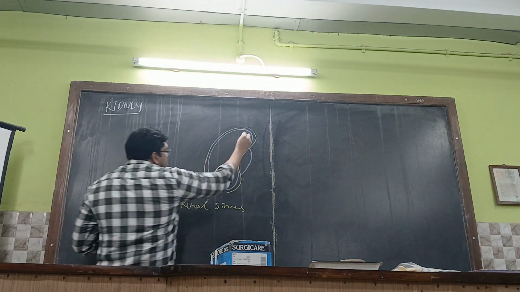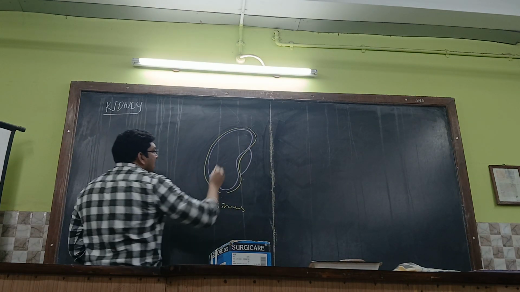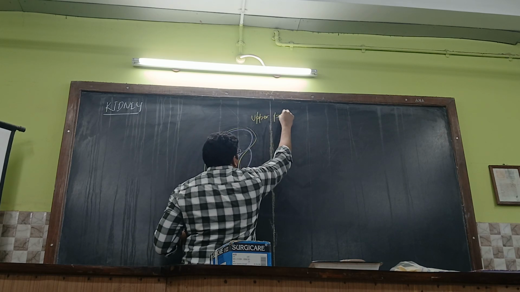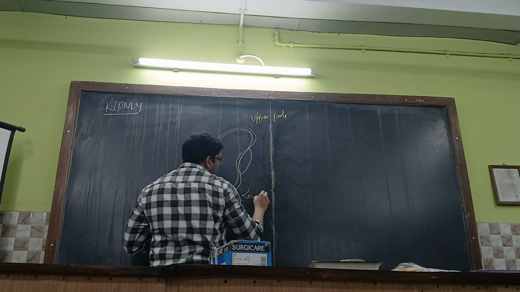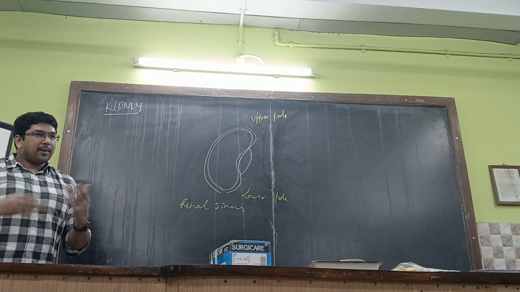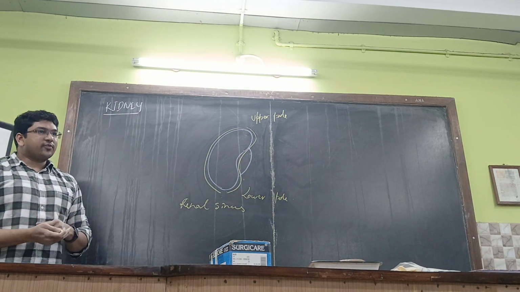The upper end and lower end are called the upper pole and lower pole of the kidney. Which pole is close to the vertebrae? The upper pole. The lower pole will be away from the vertebrae.